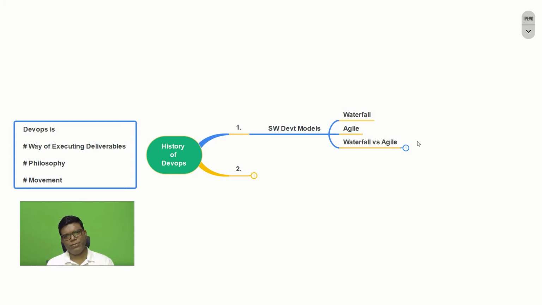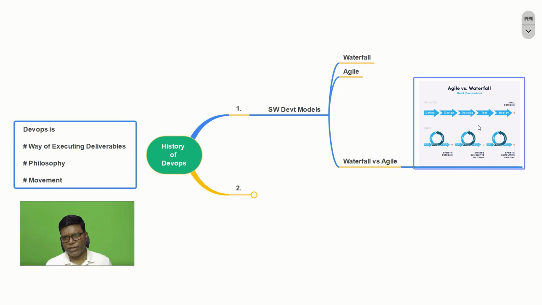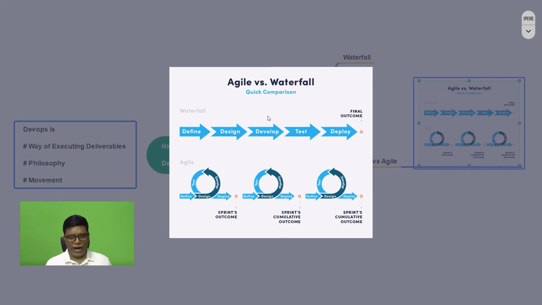And DevOps is the next stage of evolution from that. Let's briefly see the differences between agile and waterfall. In waterfall, you define, design, develop, through all these phases, and then there will be a final outcome. Whereas in agile, all these stages go through in a sprint.